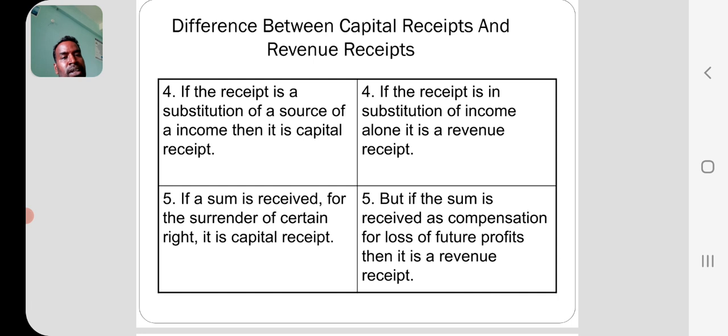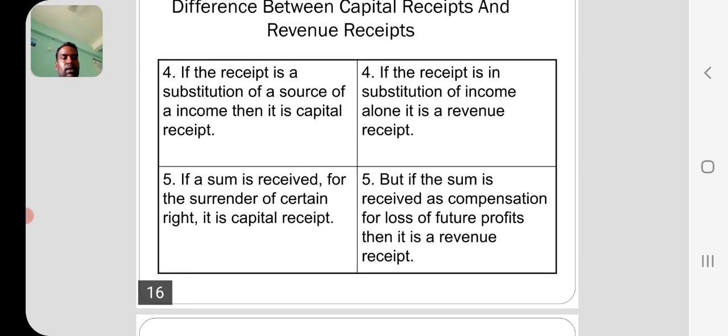If the receipt is a substitution of a source of income, then it is a capital receipt. If the receipt is in substitution of income alone, it is a revenue receipt.